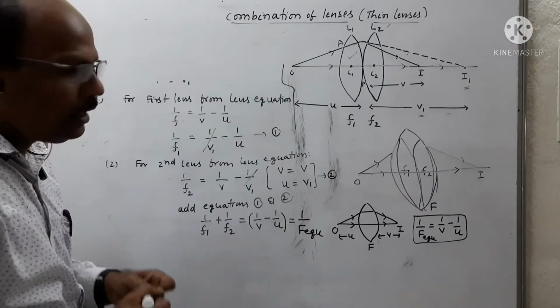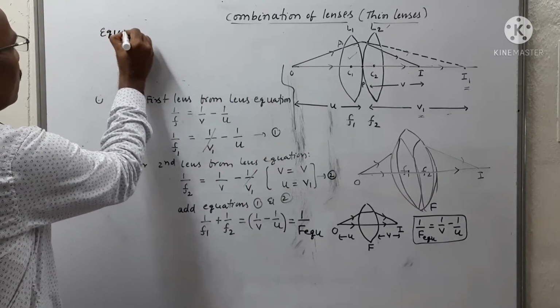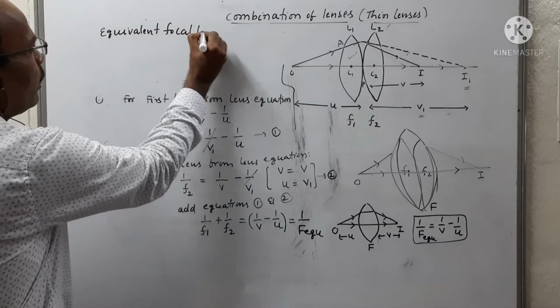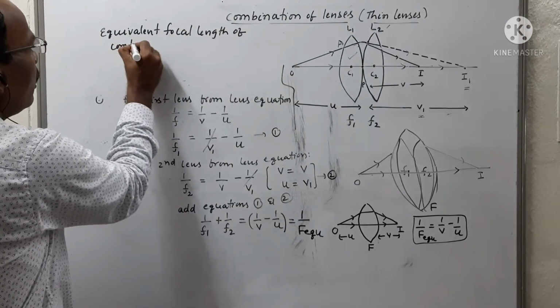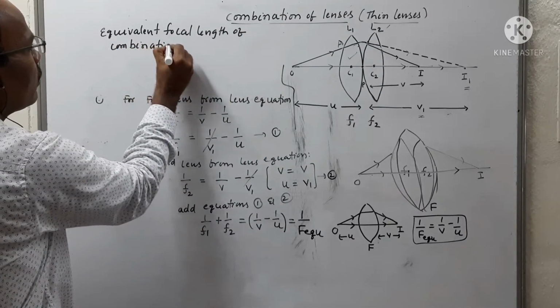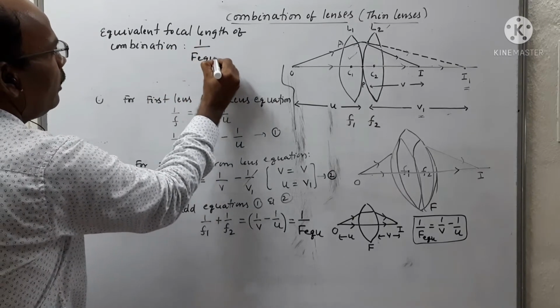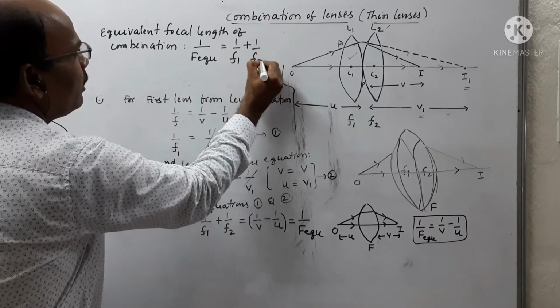So the equivalent focal length of the combination: 1 by F equivalent is equal to 1 by F1 plus 1 by F2.